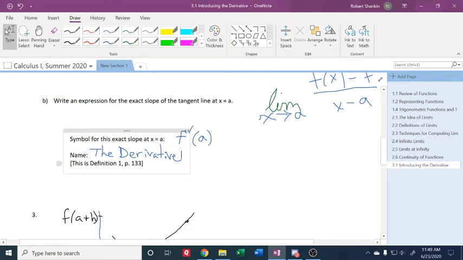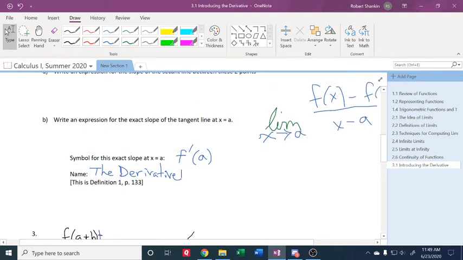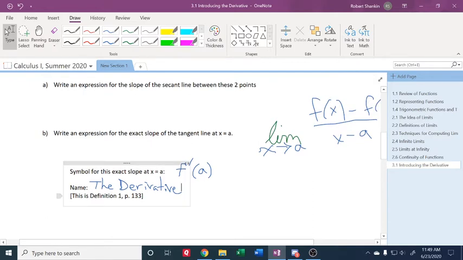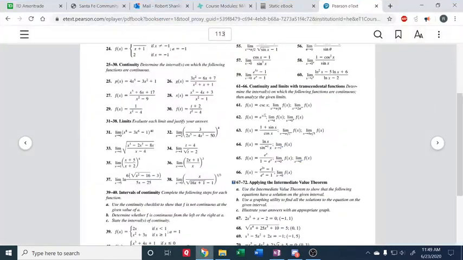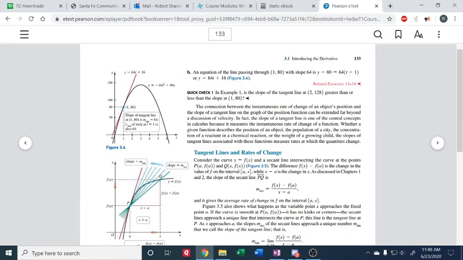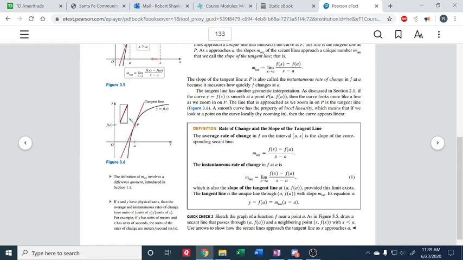When we have the derivative, there are 2 possible definitions of the derivative. This is definition 1, page 133. If we go to the textbook, page 133, it's telling you the average rate of change between 2 points.